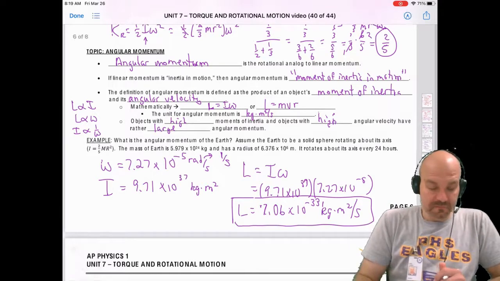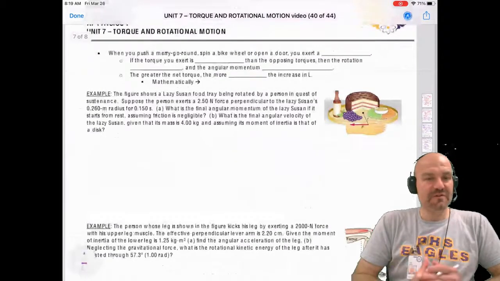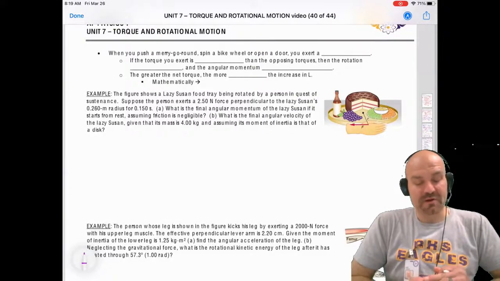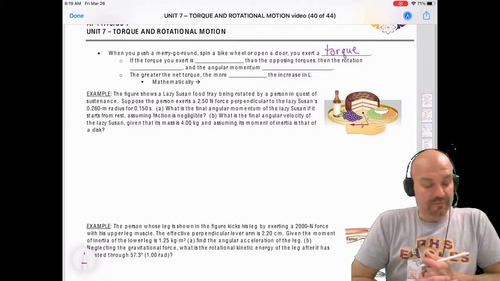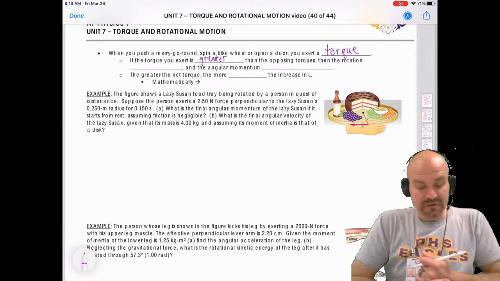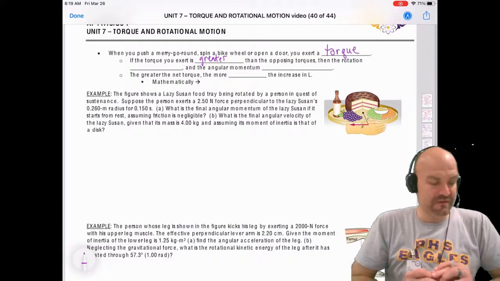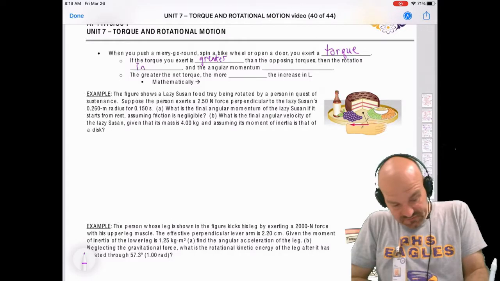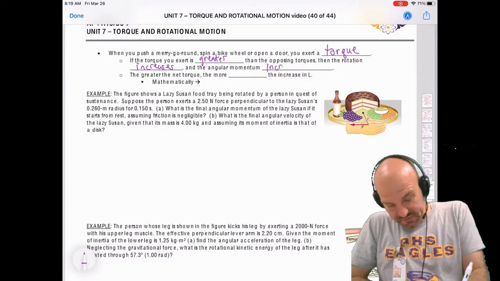Okay, now because there is that rotational equivalence, we do have to talk about essentially a rotational impulse-momentum theorem. When you push a merry-go-round, spin a bike wheel, or open a door, you're going to exert a torque on that object. If the torque you exert is greater than the opposing torques, then the rotational speed increases, and the angular momentum will also increase.